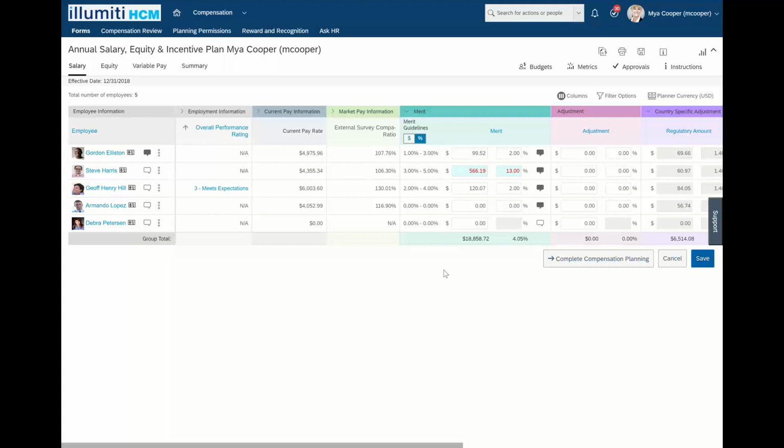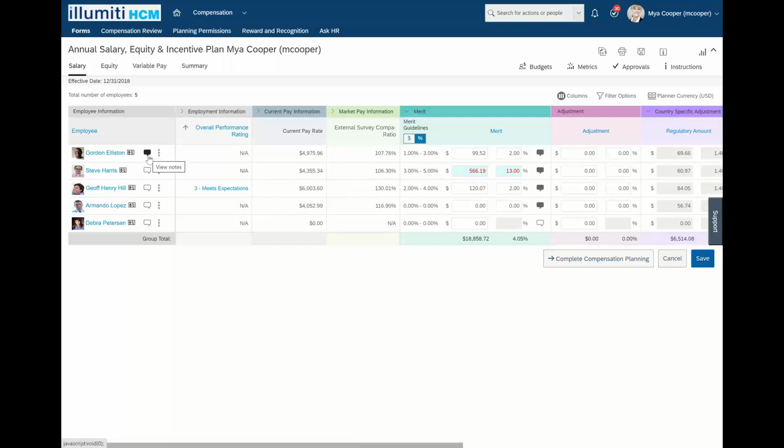And so what we have the ability to do is come here and click on an employee's name. You can see that all the names are hyperlinked. So I can click here to open up a compensation planning profile, which we'll look at in just a moment. I can also click here to open up their employee profile and see some basic information about this employee.